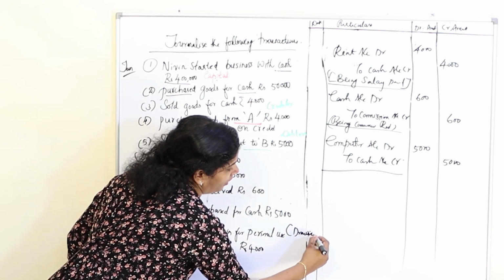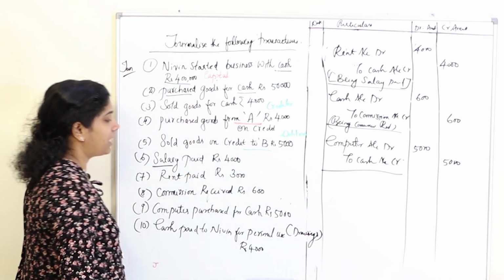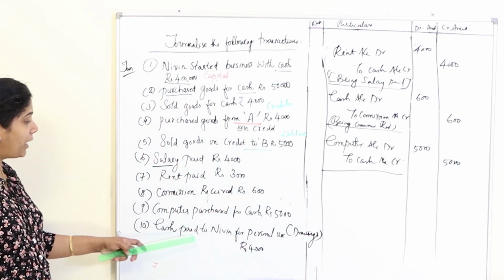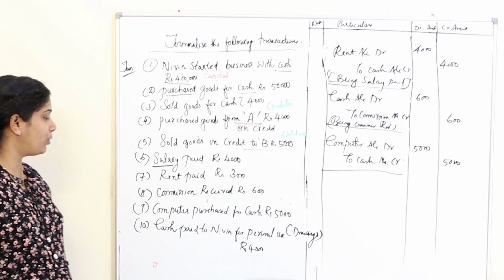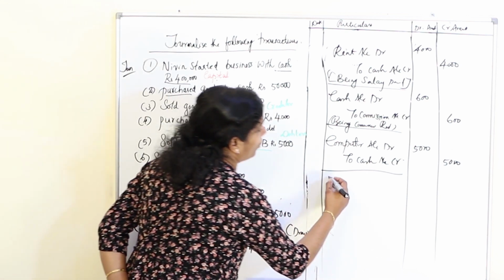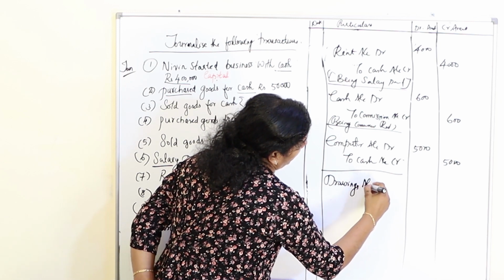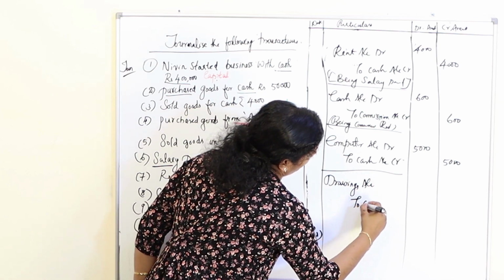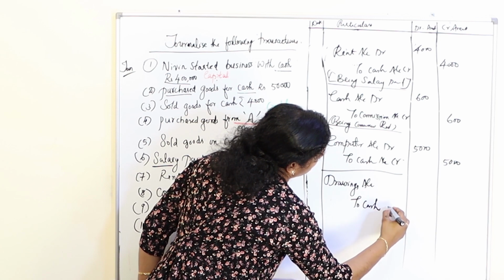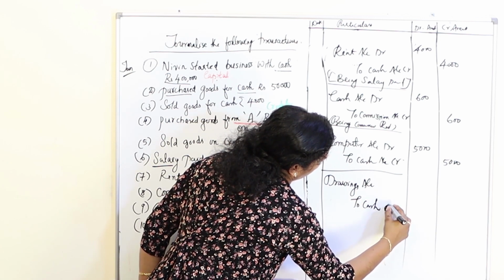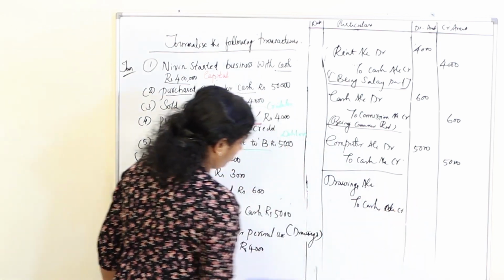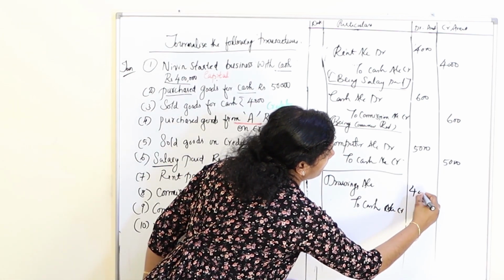He used this cash for personal purposes. So we can call it drawings account. Cash is going out here also, so cash must be credited. Cash account credit. Amount is 4,000.